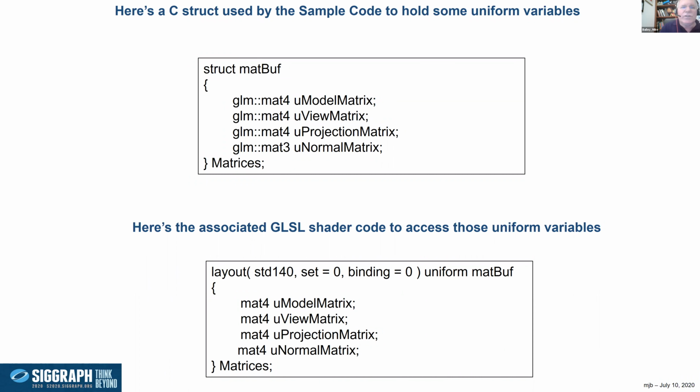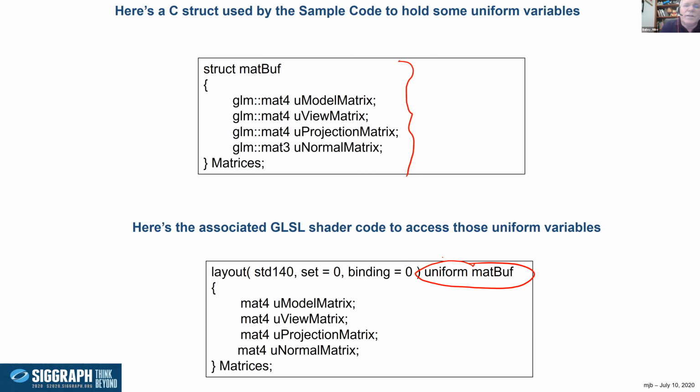All right, so this shows you passing in uniform variables. In the sample code, it keeps all of these matrices. Every time you move something around, it updates these, but it is keeping them in the same block buffer in the shader, which means if I want to send over the matrices, I just do it all at once.